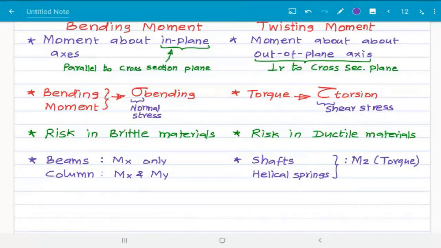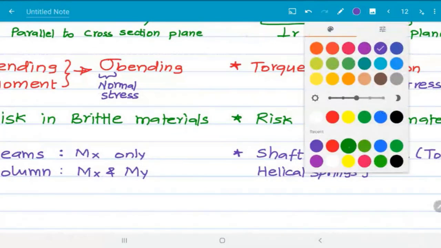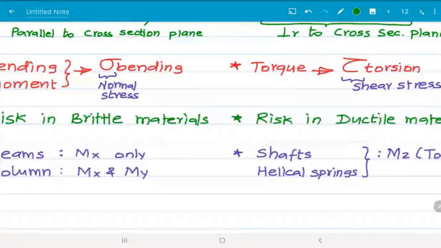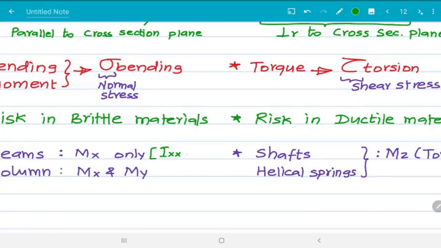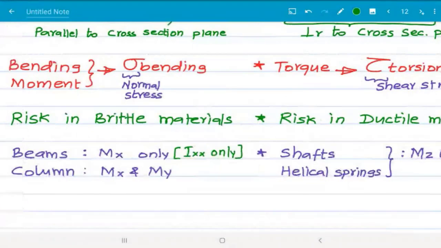So in case of beams, we will use the moment of inertia Ixx only. We never calculate Iyy in case of beams. These are basic information. Keep these points in mind when we are discussing the corresponding chapters: beams, columns, shafts.